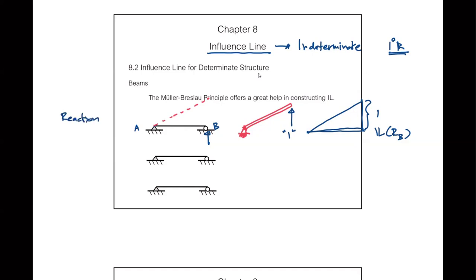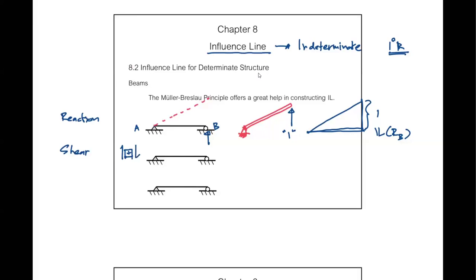Okay, what about the shear? Yeah, maybe I'll try to realign this better. Okay. For the shear, we should know that the positive shear is like this. The side of the positive shear is going up on the left, going down on the right.